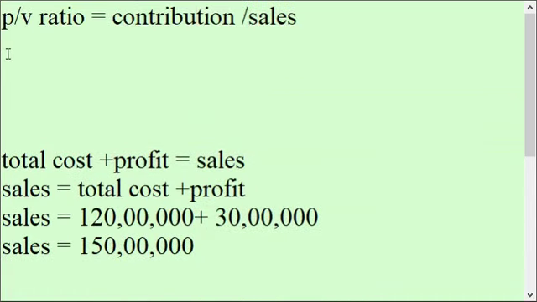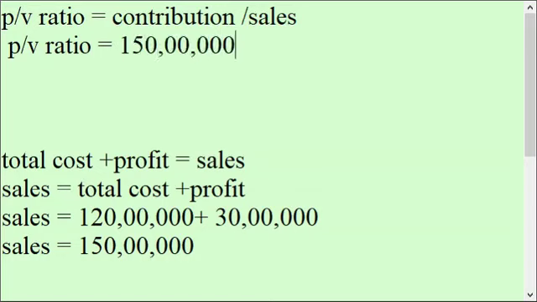Okay, so now we apply the PV ratio formula. PV ratio is equal to contribution divided by sales, where contribution is sales minus variable cost. Sales is 150 lakh minus variable cost, which is 5 lakh into 20, 100 lakh.